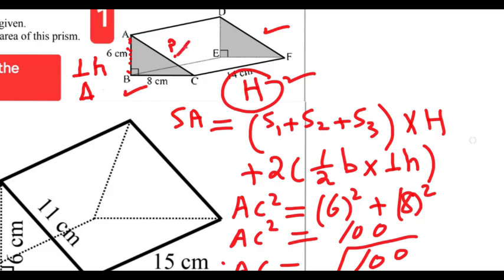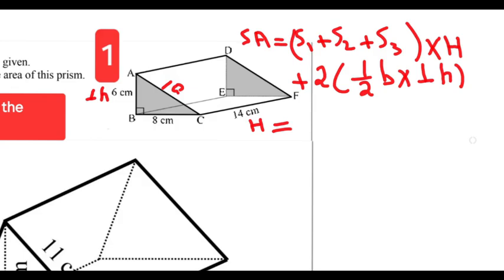So AC we have 10. So surface area is equal to side 1 plus side 2 plus side 3, multiplied by the figure height, plus 2 multiplied by 1 over 2 base multiplied by perpendicular height, which is the triangle height. Now we're going to substitute all of these values to solve this question.